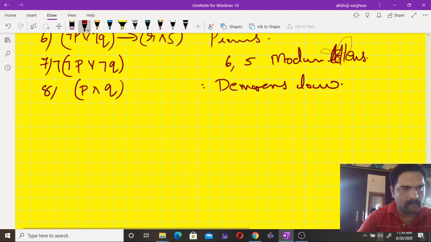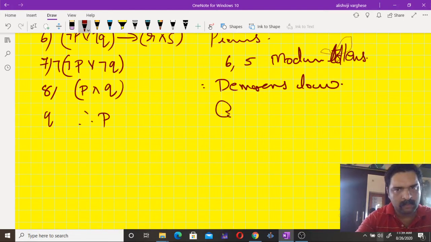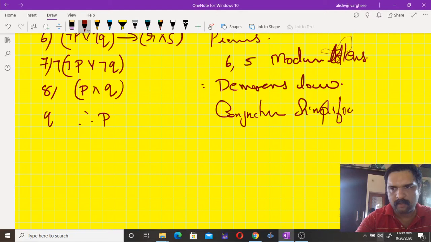P and Q is true means P is true. This is by conjunctive simplification and the statement 8.